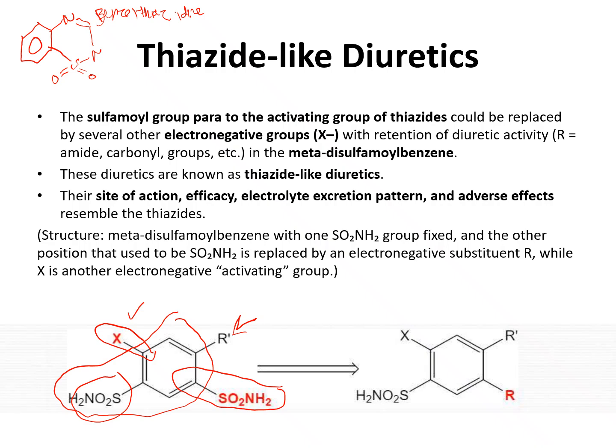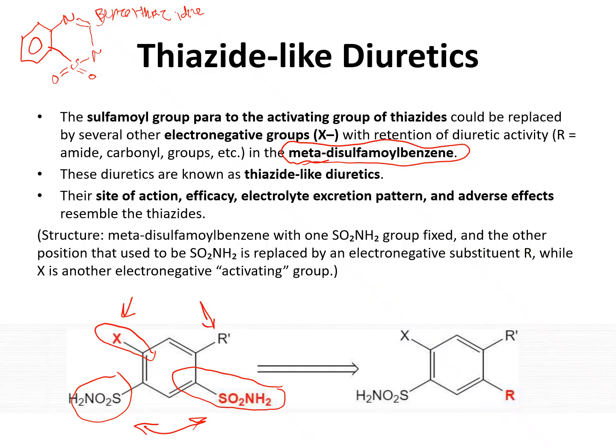So the structure has two sulfamoyl moieties that are basically meta to each other. صح? These two sulfamoyl moieties, so this is why we call them meta disulfamoyl benzene. This is the core structure. بالإضافة إلى وجود فعليا عندي هون electron withdrawing group اللي حكينا عنها والaromatic rings اللي موجودة على الرينج.